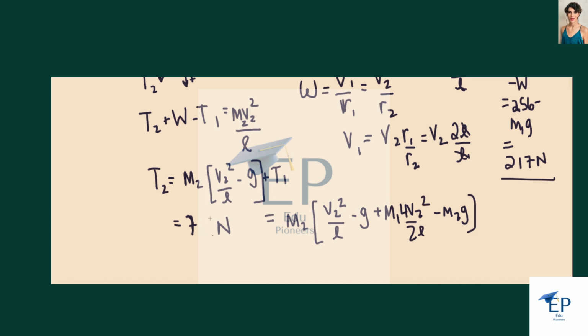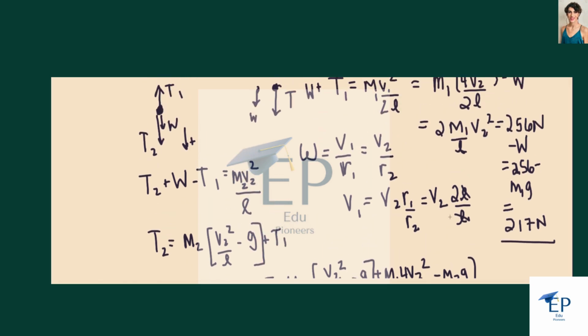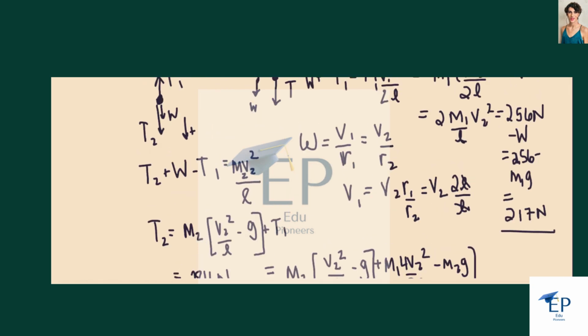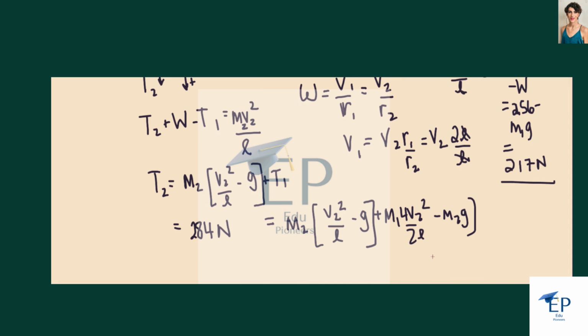This is 288. Let's just double check that. Sorry, 284 newtons. I figured that out by using unit analysis in my head. So that's 284 newtons, and we're taking M2, and we only want to multiply it by this, plus M1 4v2 squared over 2L minus M2G. Or that was M1G.